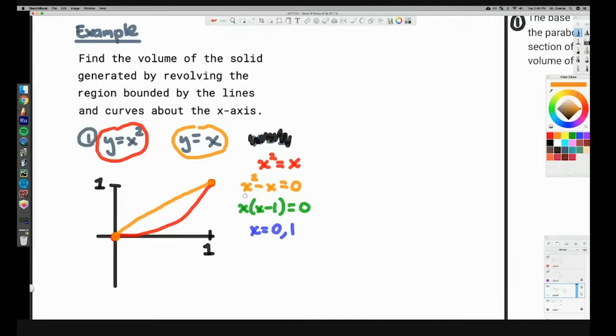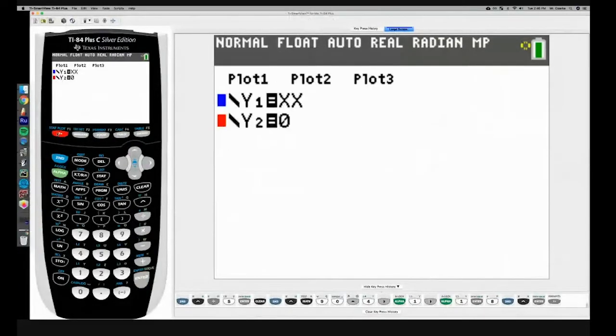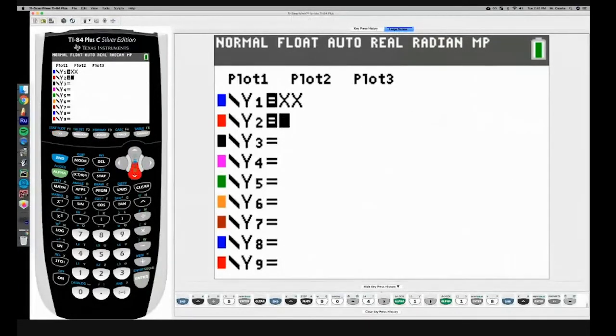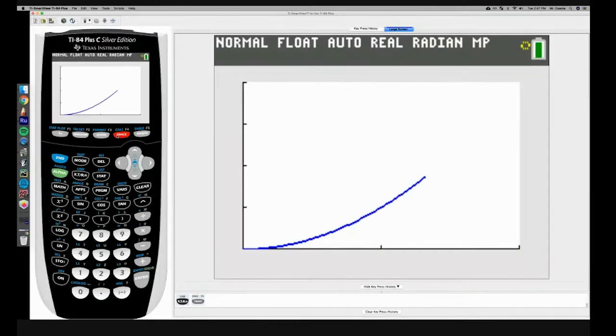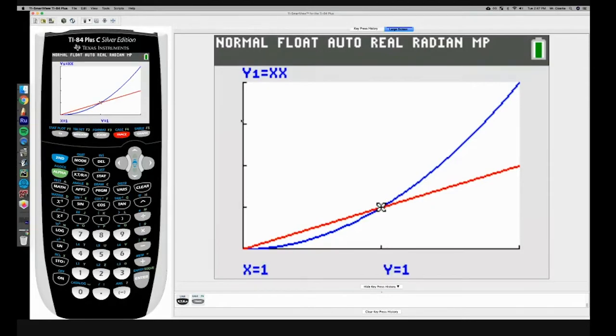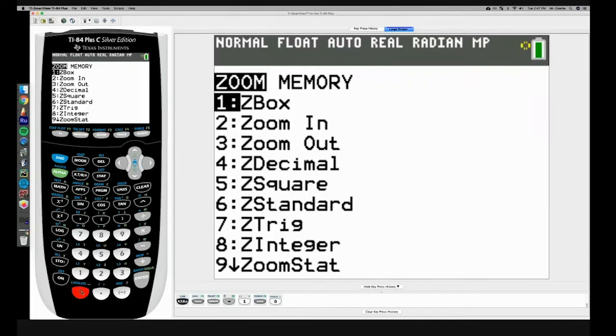Say you didn't want to do all this math, you can just use your calculator. You could have really just guessed and checked as well. Boom and boom. Now, this one went to 2, even though it intersects at 1. So I can change my window to make the x max 1, and then do zoom 0, and it fits it to the screen.